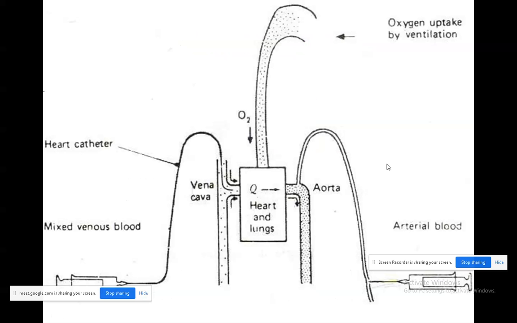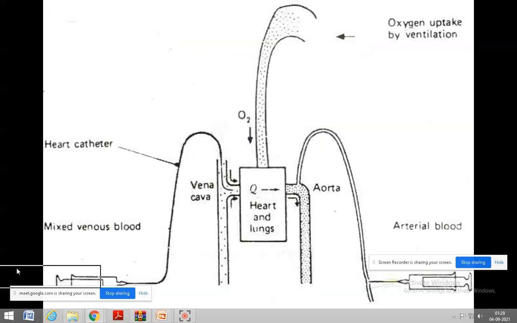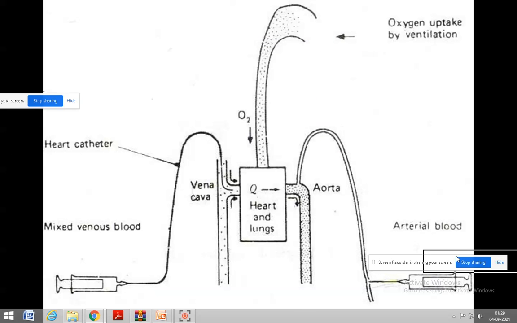Full setup for the Fick method for calculating the cardiac output. See here, you are injecting the oxygen into the arteries.